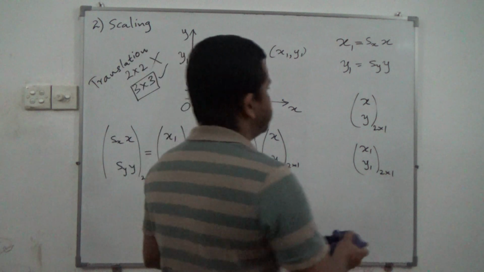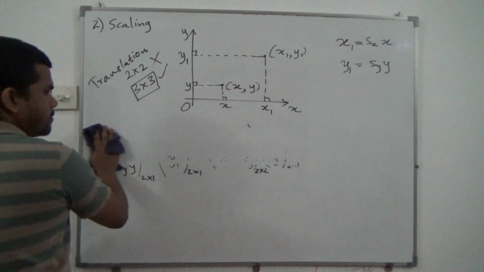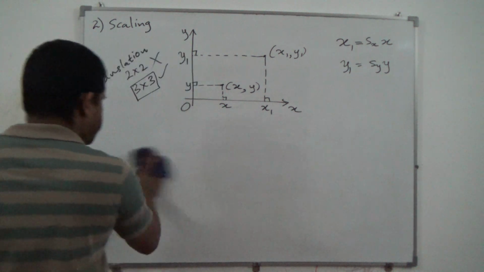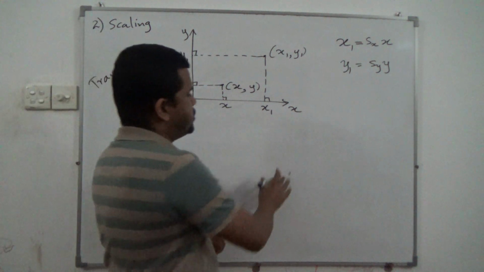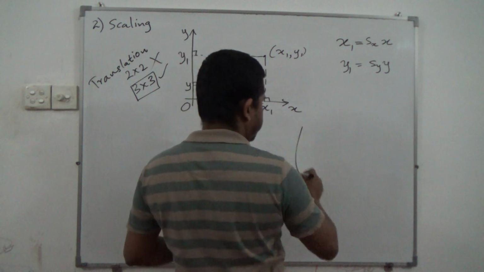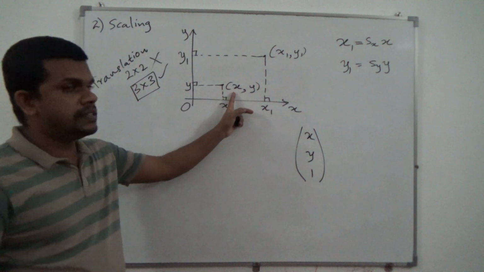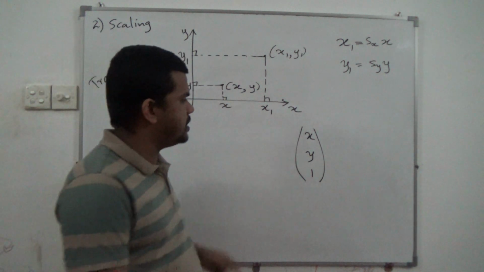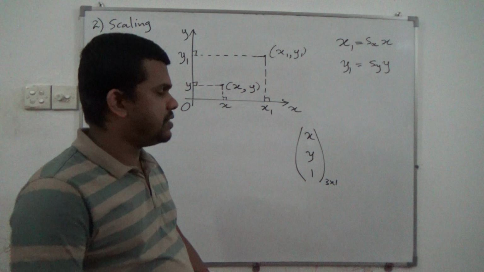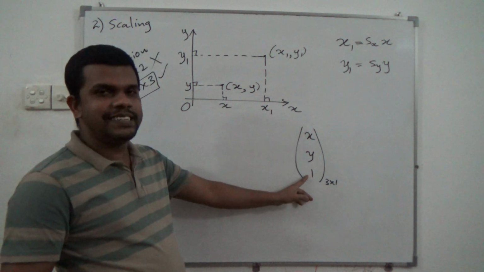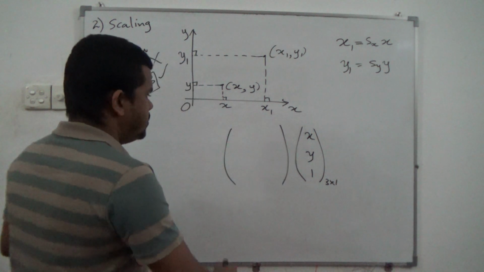Therefore, now as in the earlier situation, let's represent x, y, 1. The coordinates of this point we represent using a 3 cross 1 matrix. We put a 1 here as in the previous situation. So here we have a matrix.